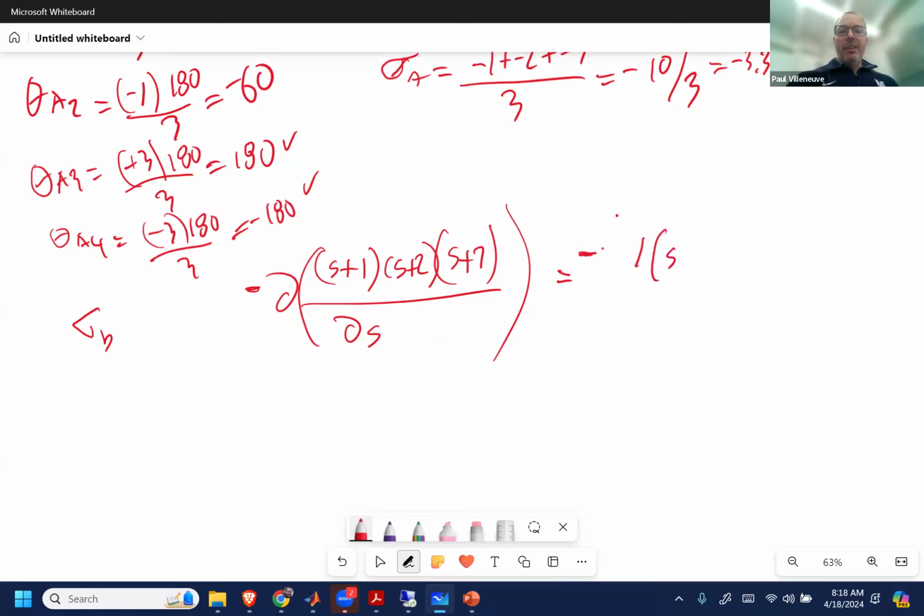So I need the roots of 3s squared plus 20s plus 23. And when I do that, I ended up with, well, let's plug in MATLAB for the roots, right?